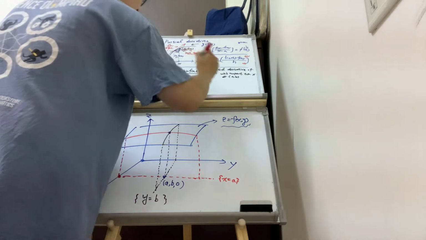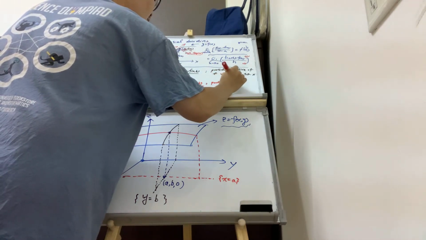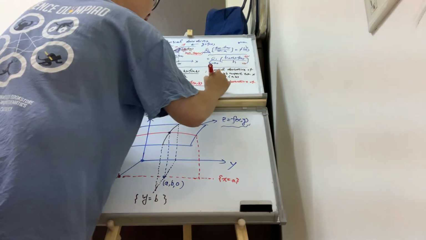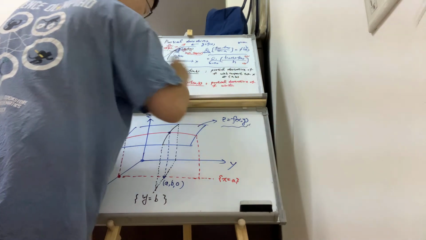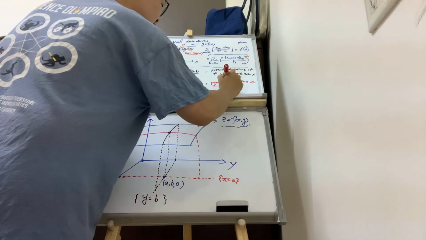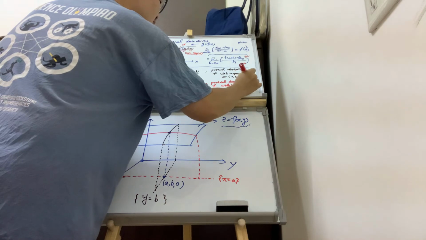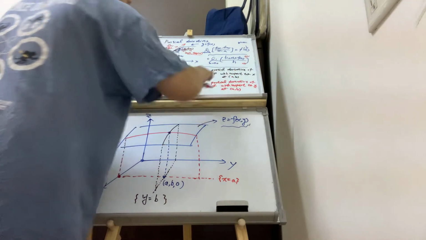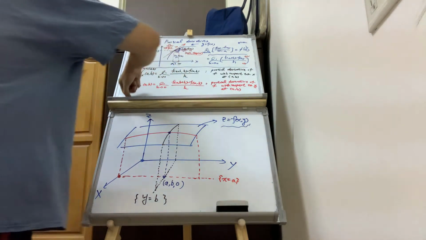And this one is called the partial derivative of f with respect to y at the point (a, b). Okay, this one.